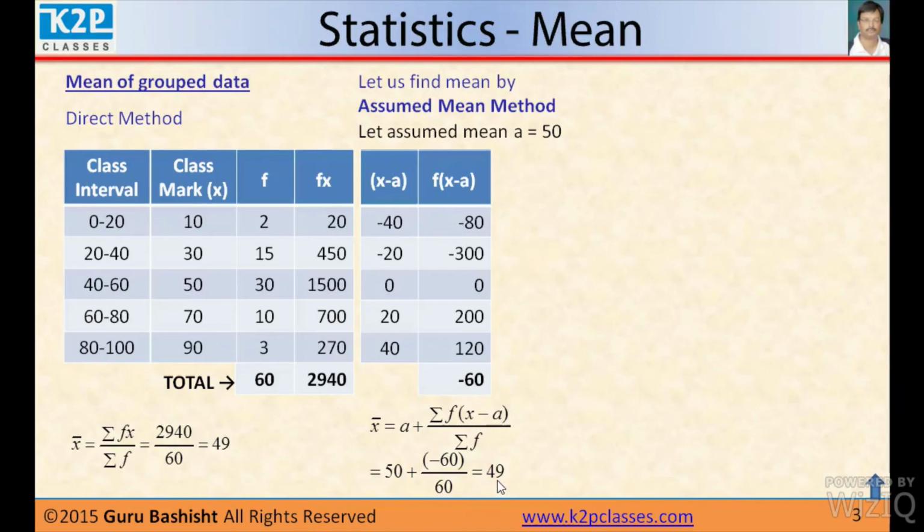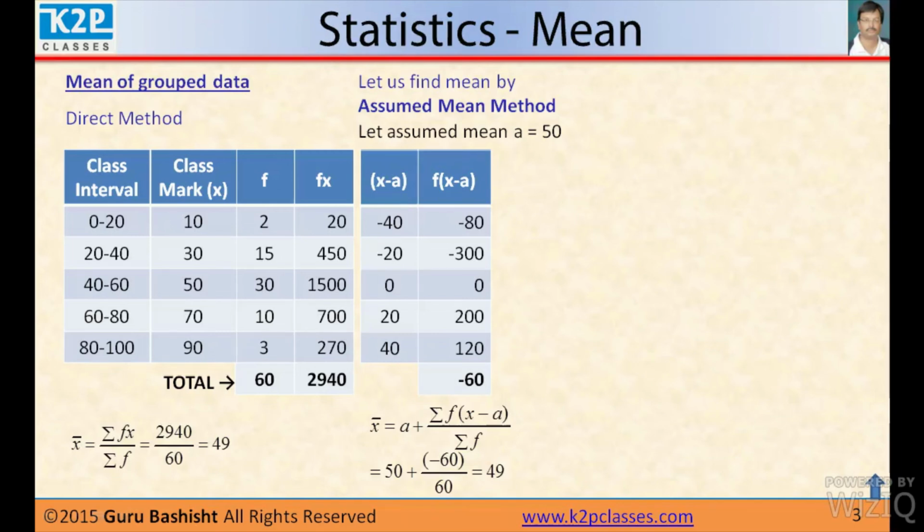So by the assumed mean method, the mean of the group data is coming 49. You can verify this number and this number. This is from the direct method. This is from the assumed mean method.